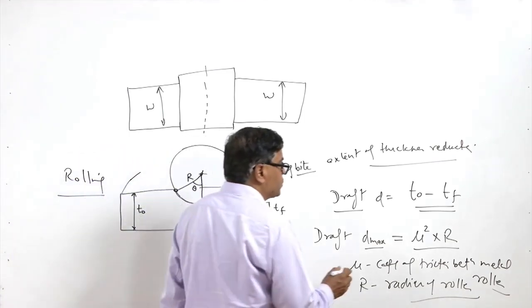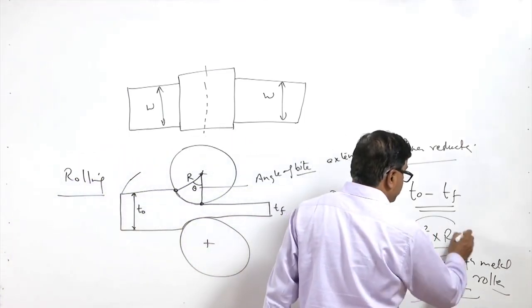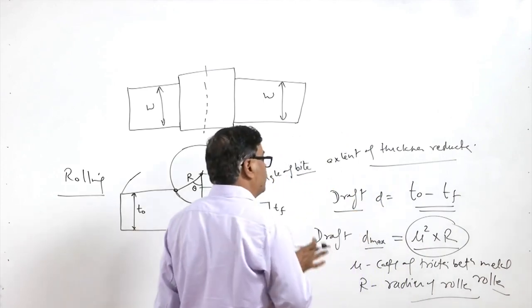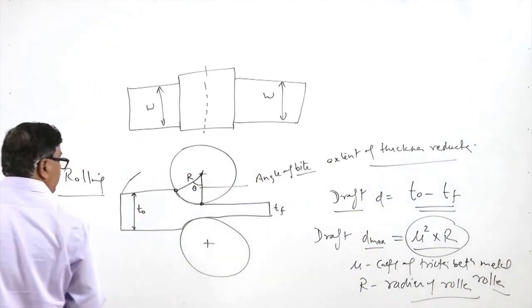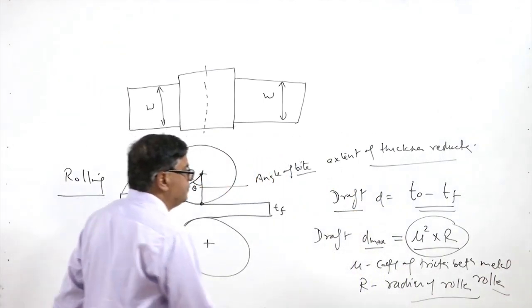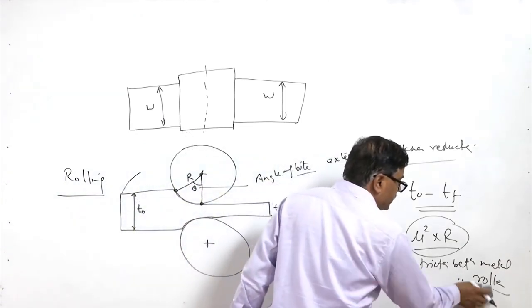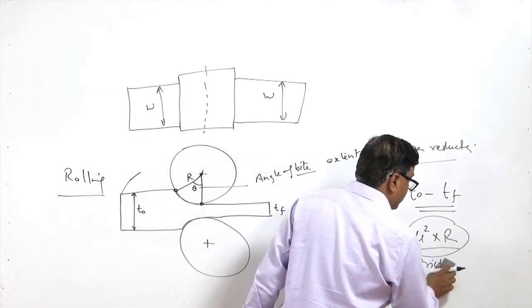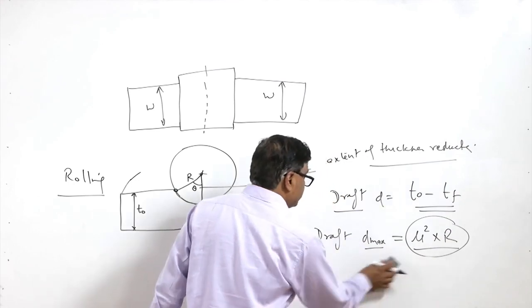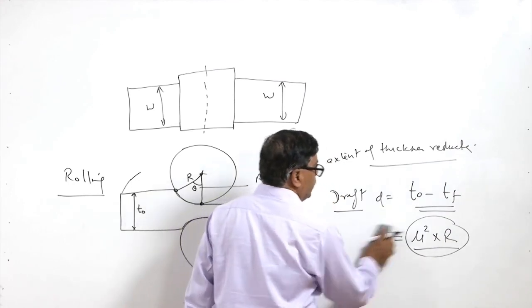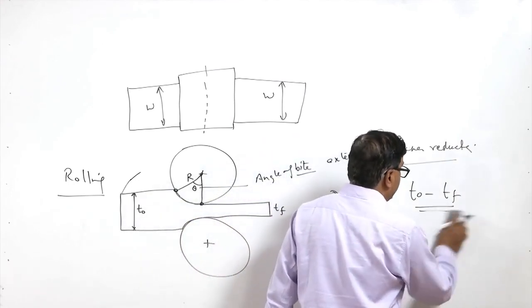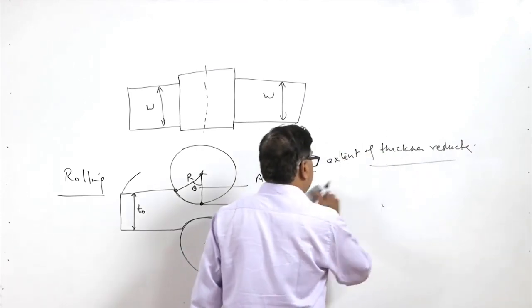This will help us determine the maximum extent of the draft which can be achieved during rolling. We know that at high temperature the coefficient of friction increases, which helps in increasing the draft.